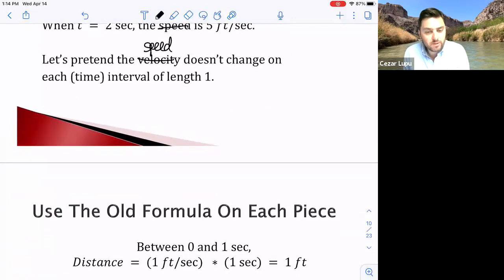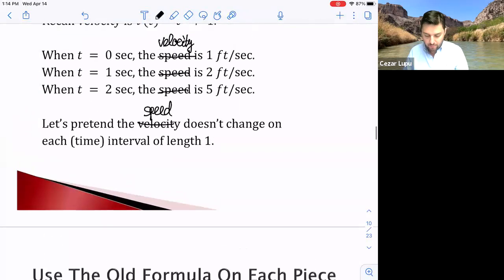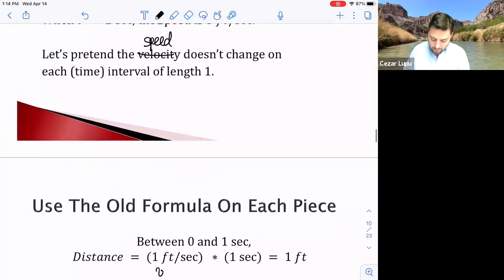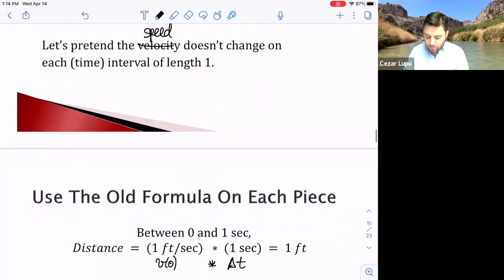Again, between 0 and 1 seconds, we can multiply, right? V of 0 times delta t, which is 1. V of 0 is 1, so it's 1 times 1, which is 1.